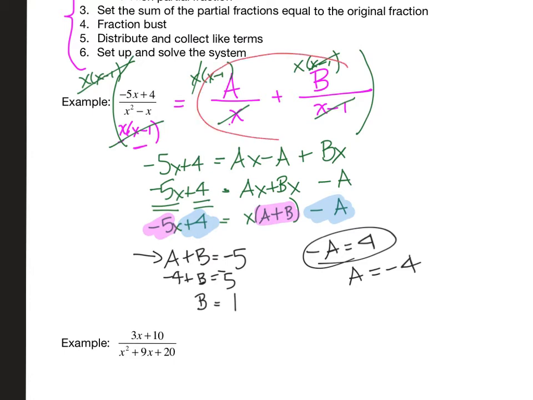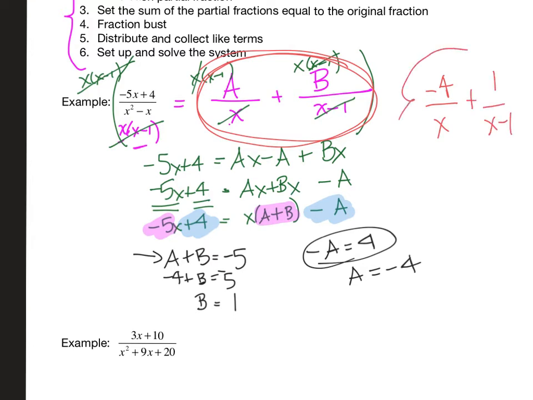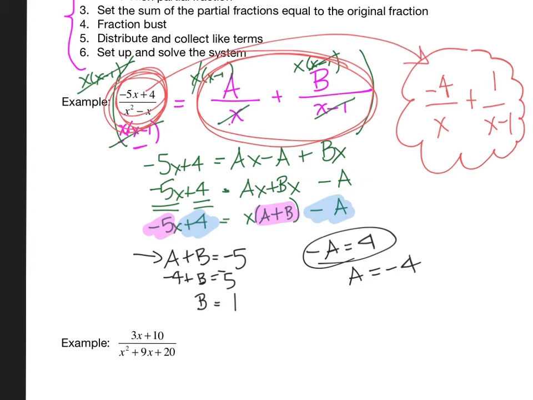You go back to this step and replace the a and the b with what you just figured out. So we've got negative 4 over x plus 1 over x minus 1. That is the answer. You have now decomposed this original fraction into 2 separate fractions.